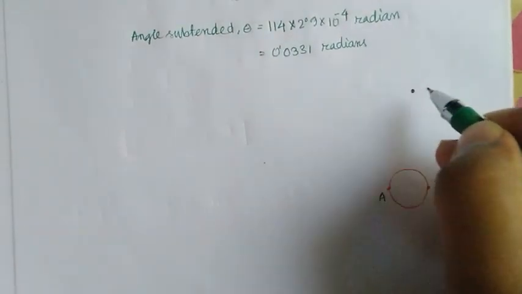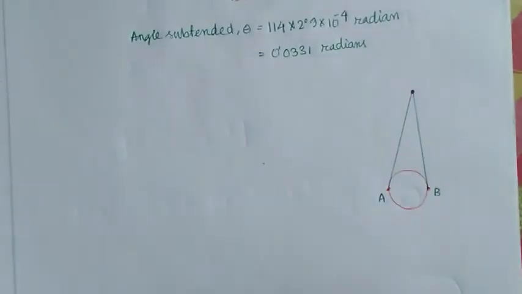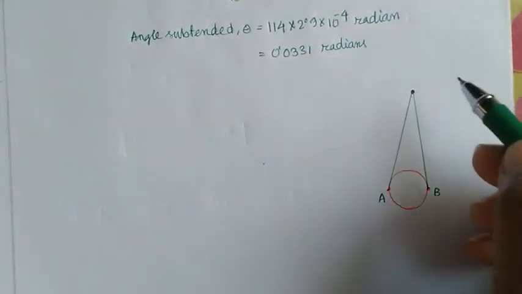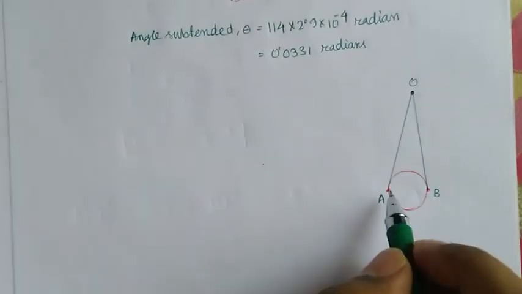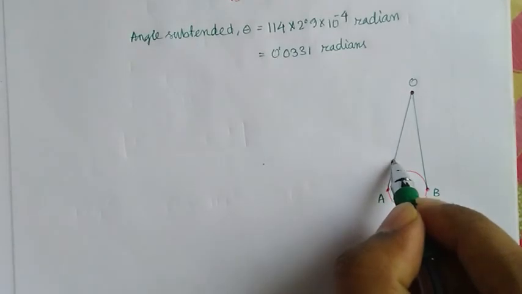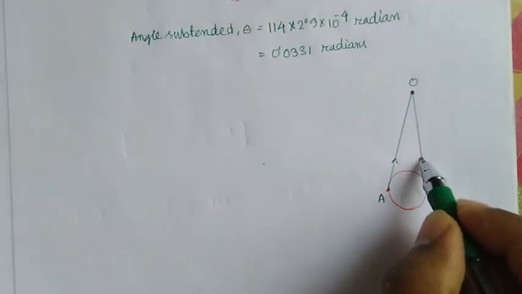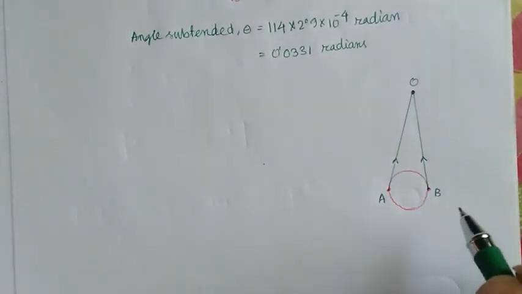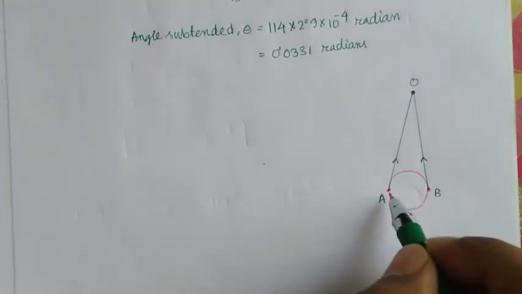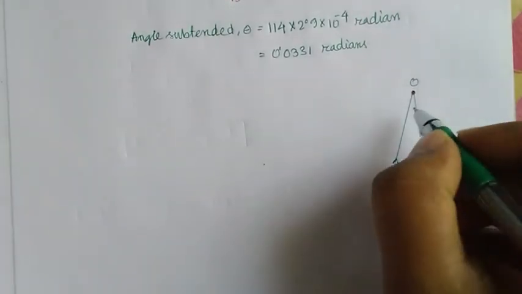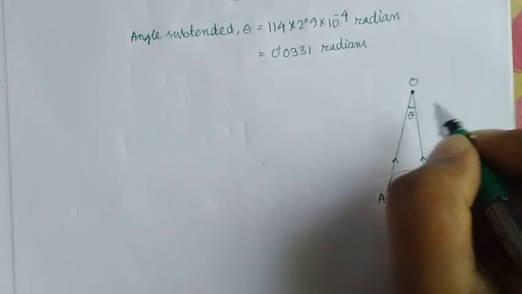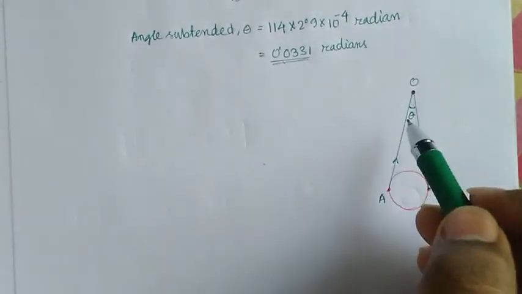This is the point on the moon, and let the point be O, and this is the direction that is observed from A, and this is the direction that is observed from B. And in the question it has been asked that the angle made by the two directions of observation is theta, which is equal to 0.0331 radians.